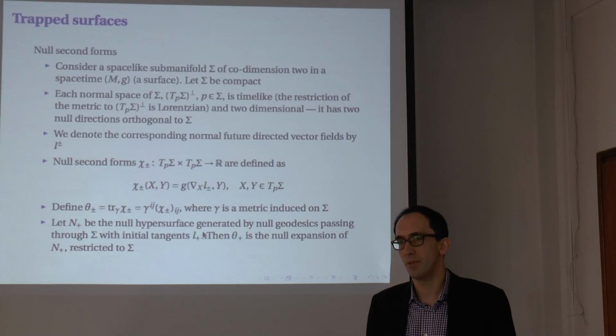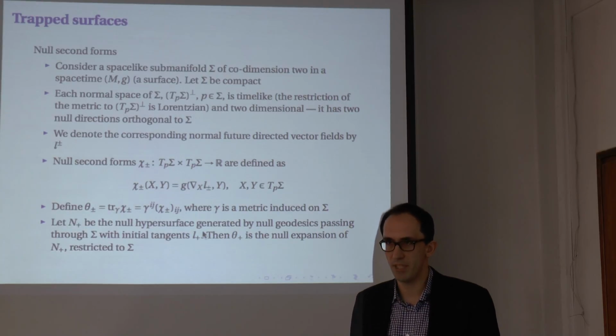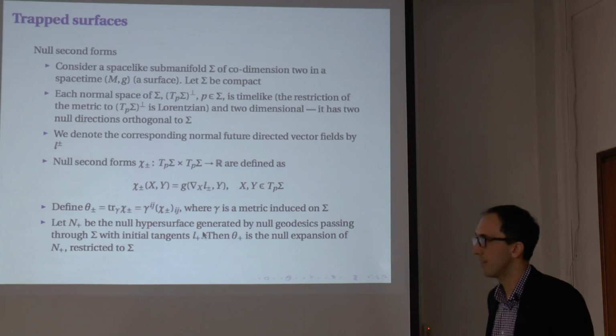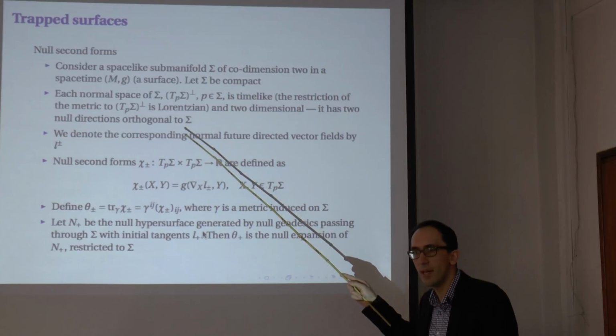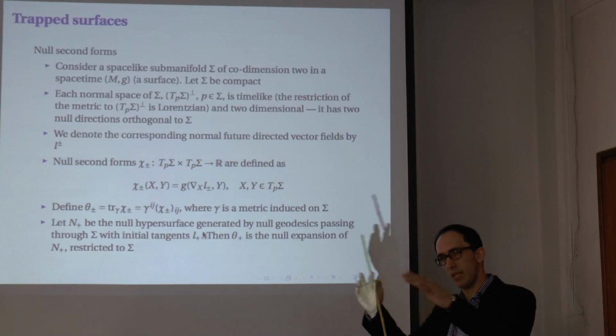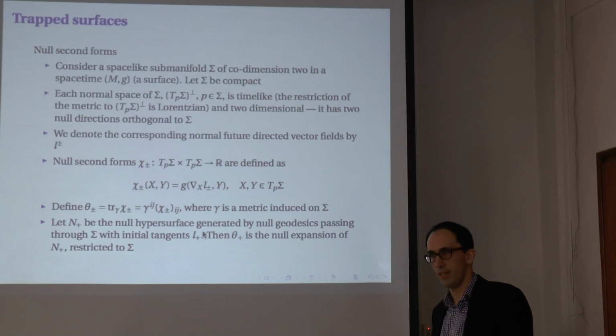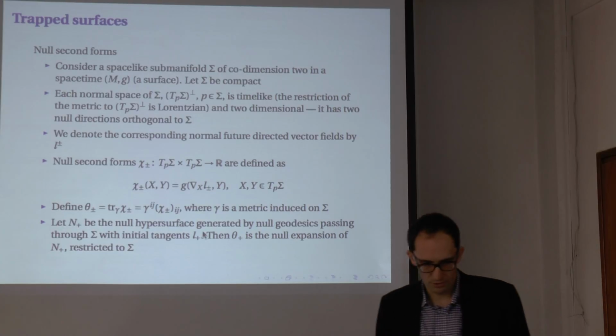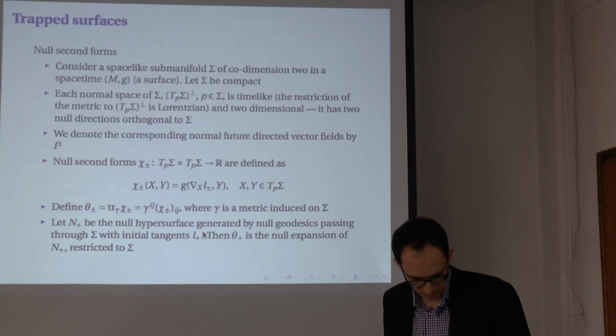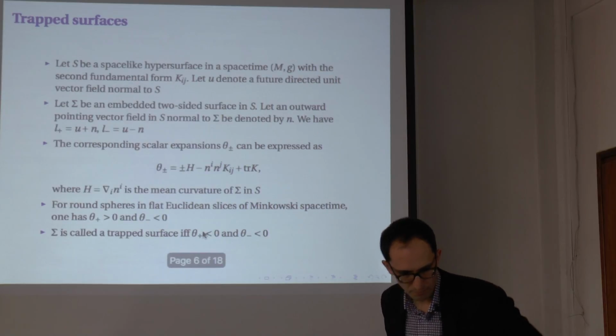So these are basically the same definitions. It's only that right now we specialize to the case when you've got a two-surface which is space-like, and there are two null directions that originate from this surface at every point.